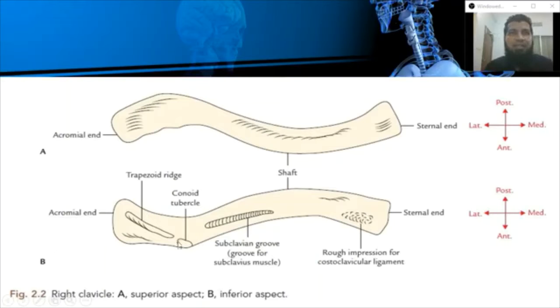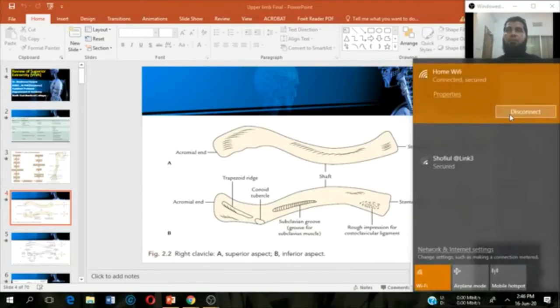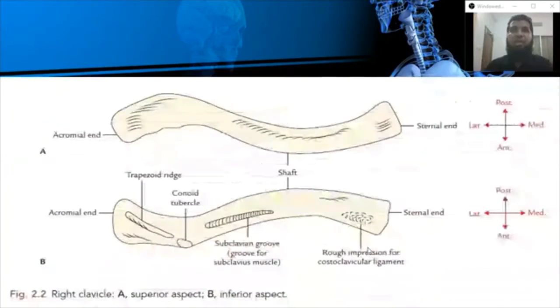There is also an important question. There is the trapezoid ridge and conoid tubercle here.